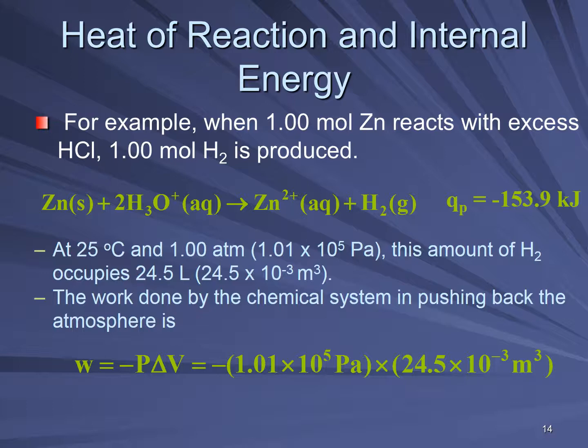But that's the amount of heat that's released, and that's the one we tend to think of as most likely the energy, so the heat energy. But of course, there's actually other energy that is being produced, and that's the work energy. So let's say we're at 25 degrees Celsius and 1 atmosphere pressure.